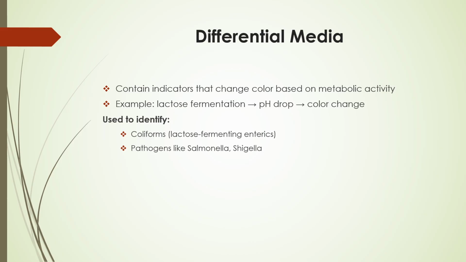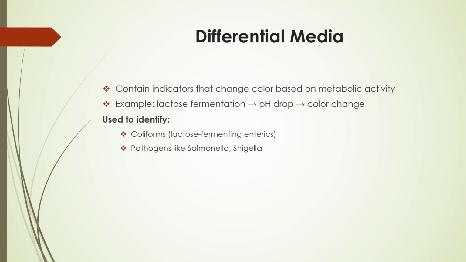The purpose of differential media is to differentiate bacteria according to their metabolic activity. Indicators including pH-sensitive dyes are present in these media and change color in response to particular metabolic reactions.